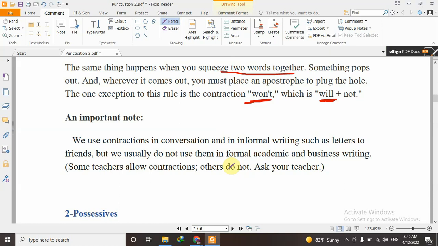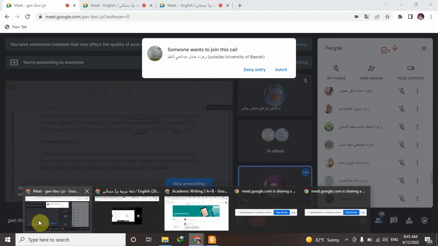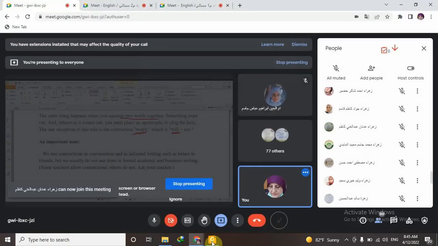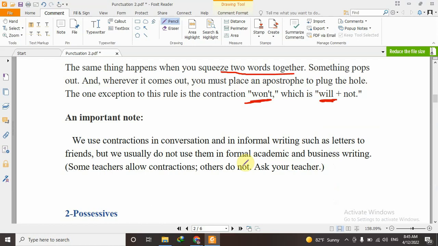So it is written there that we use contractions in conversation and in informal writing, such as letters to friends. For example, when you write a letter to your friend, you can use the contractions. But in writing composition, we usually don't use them in formal academic and business writing. Some teachers allow contractions, others do not.